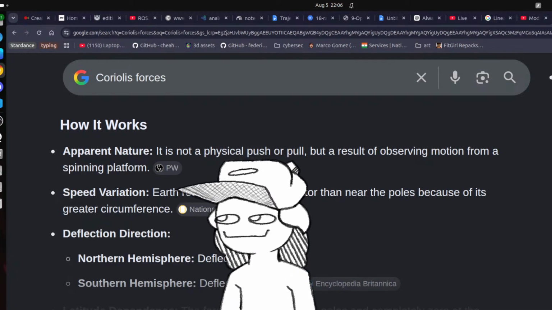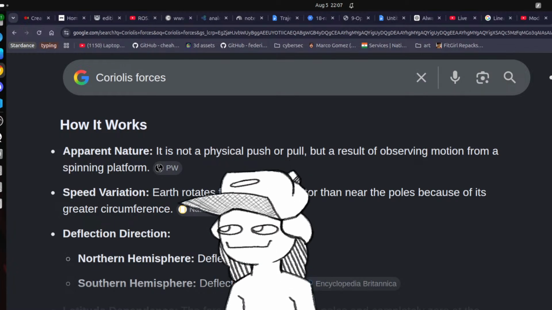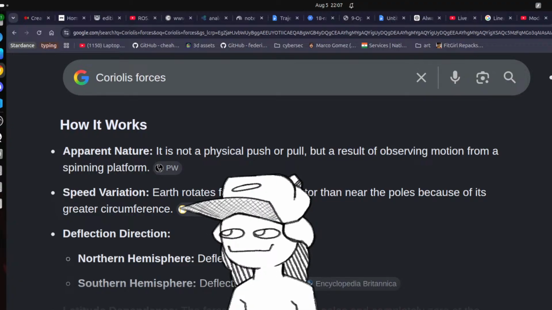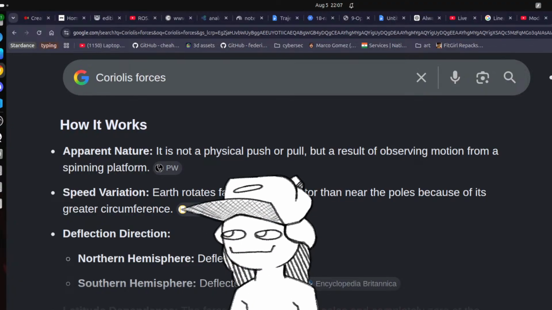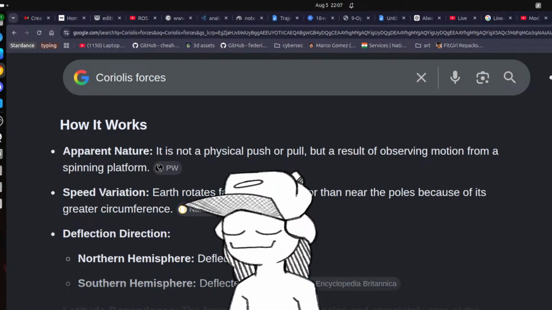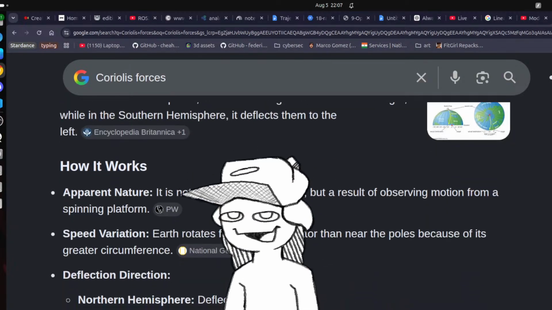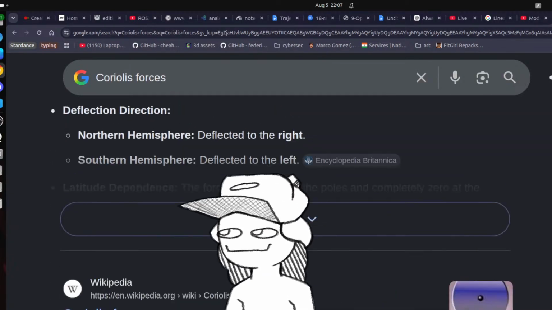In this case, the moving disc is the planet and it's deflecting the object which enters the orbit. Yes, I kind of understand what you mean.